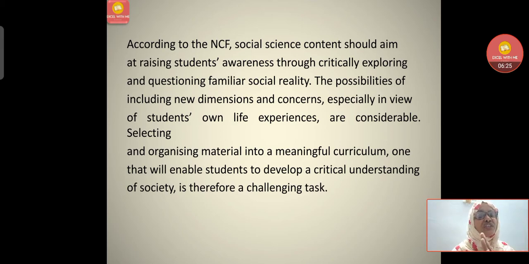That means positives and negatives of certain issues. Selecting and organizing material into a meaningful curriculum, one that will enable students to develop a critical understanding of society, is therefore a challenging task. So, when the students are learning about the society, they have to understand each and every aspect in the society, what is going on. That means they have to challenge the tasks which come in front of them.